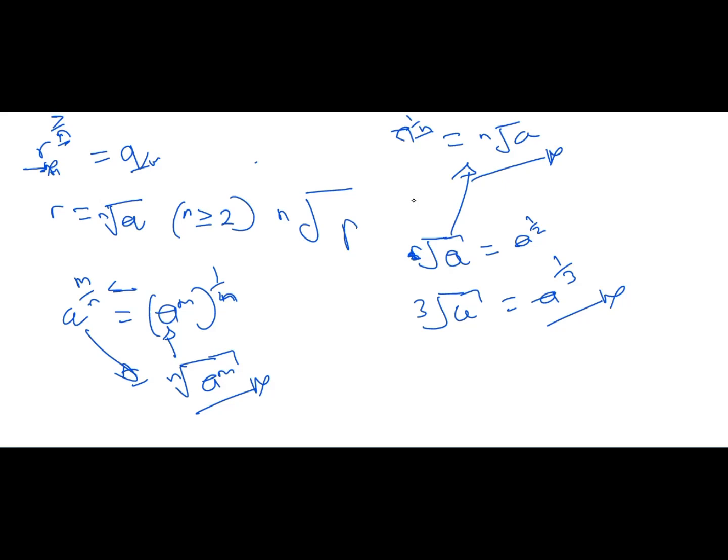We call this one the radicand, and here is our degree. You're supposed to check this is our degree, and always check that before we go further. So p is our radical, and this is our radicand.